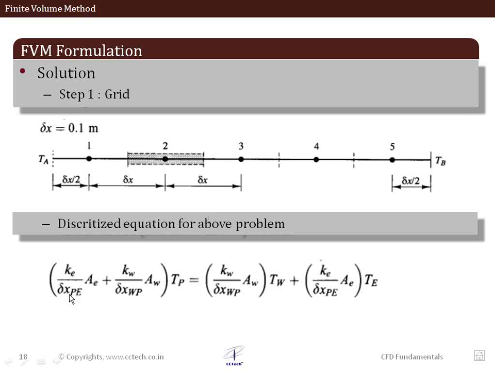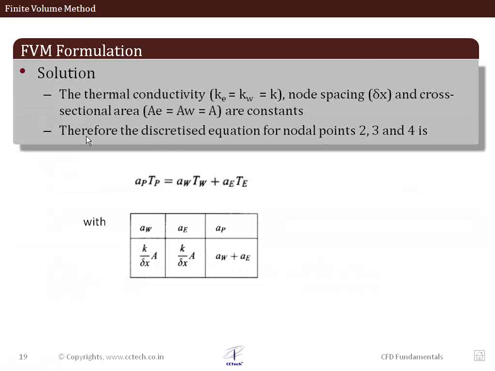And the equation which we have from the previous discussion, I'm just applying that equation, and instead of gamma we have k, and delta x of course is defined by the size of the grid which we have defined. In this case I'm dividing the domain in such a way that I have delta x of a value of 0.1 meters, and we apply this for the cells which are inside, which is cell number 2, 3 and 4, and we obtain a generalized linear algebraic equation.